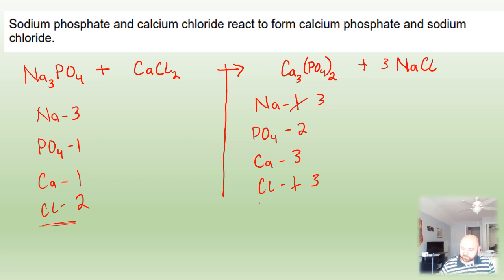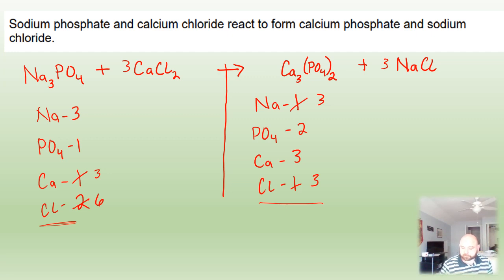So I have a 2 chlorine and a 3 chlorine situation. So I'm thinking maybe I'm going to try to get those numbers to 6 instead of 3. And to do that, I would put a 3 over here in front of the calcium chloride. That would change calcium to 3 here, and that would change chlorine to 6.